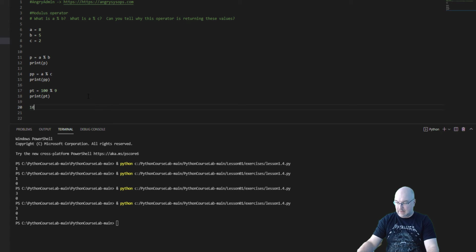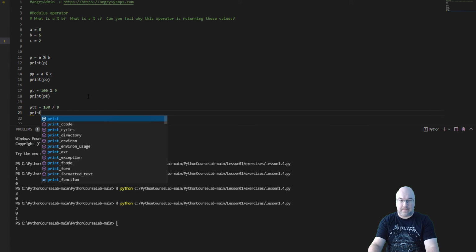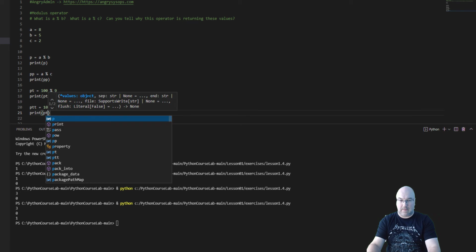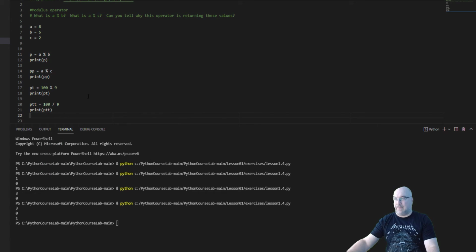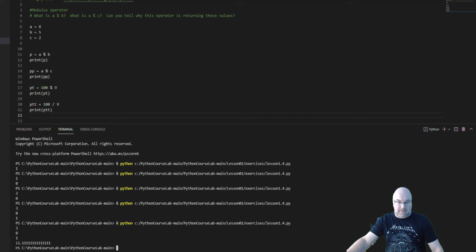Again, 100 divided by 9, what equals? Anyone knows what the outcome is? That outcome is 11, yes? And what we have left is 1.